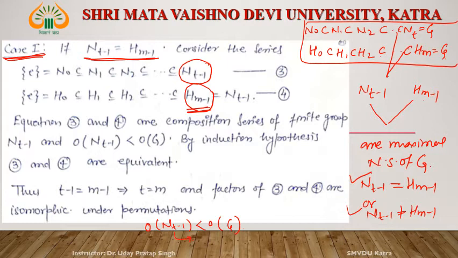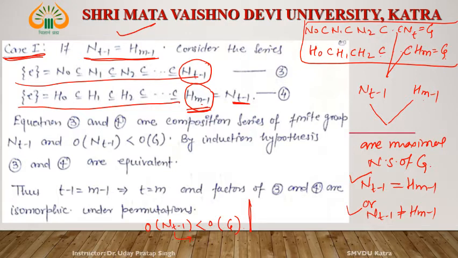Since Nt minus 1 and Hm minus 1 are equal, the group Nt minus 1 has this composition series, and Hm minus 1, which is equal to Nt minus 1 by case first, has this composition series. By the induction hypothesis, they are equivalent. Equivalent means t minus 1 is equal to m minus 1, so t is equal to m, and their factor groups are isomorphic.